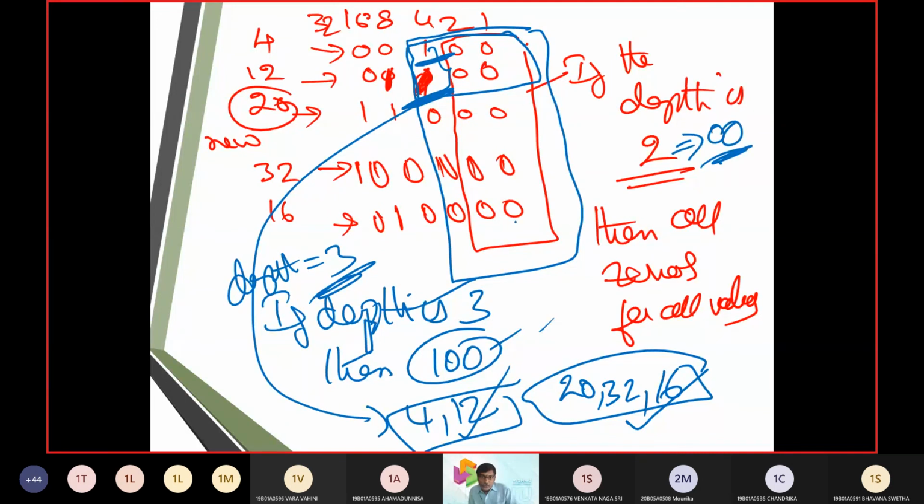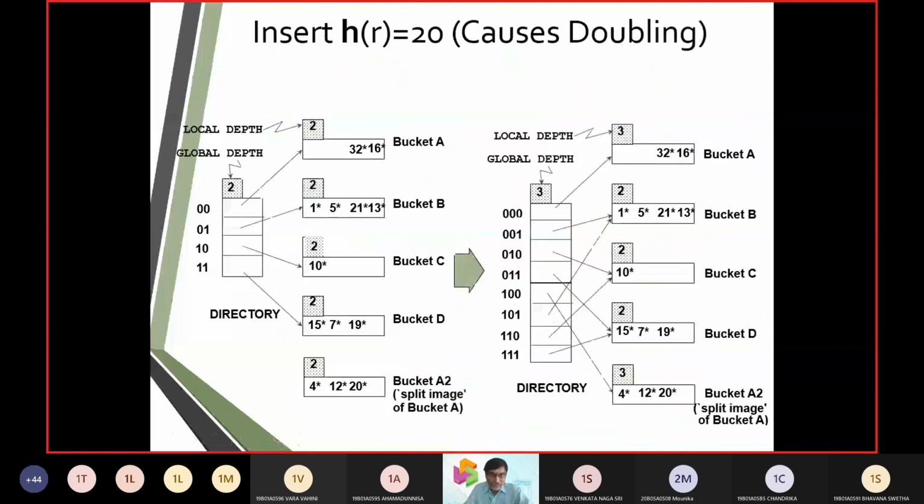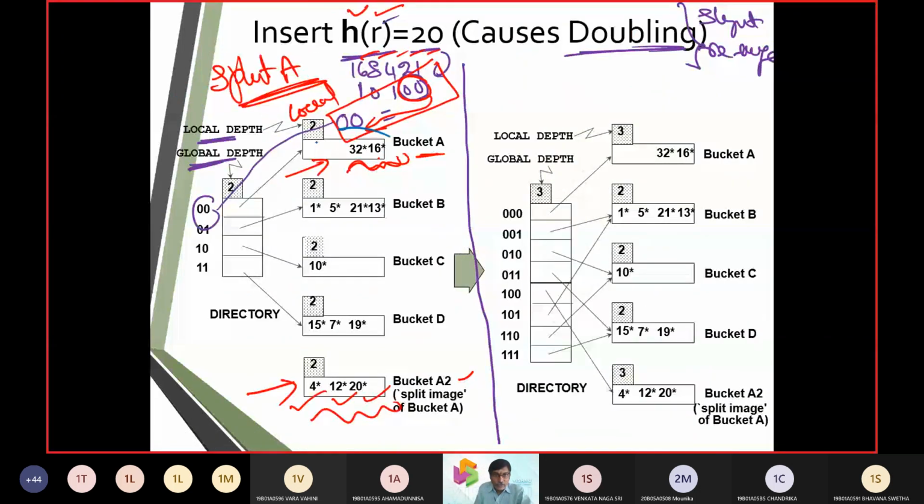Now all the elements are put into these buckets. So now you can see 20, 32 and 16, it is 0, 0, 0. But when it is 4 and 12, the depth was 100. So that is the reason why we segregated 32 and 16 here, 4, 12 and 20 into the other bucket.